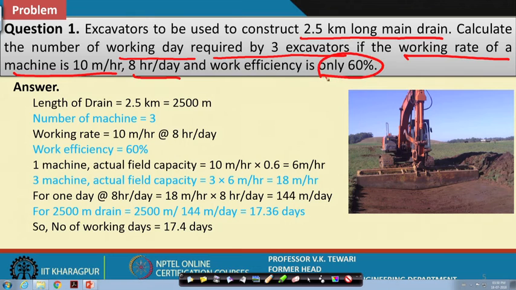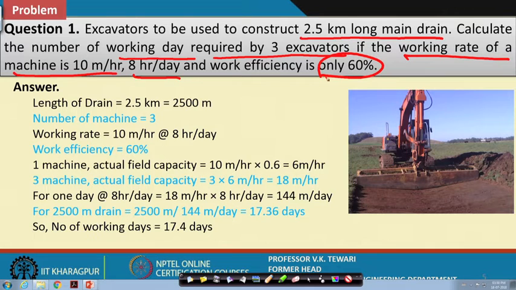And work efficiency 60%. Why have we taken work efficiency of 60%? It is not possible to have 100%, because there are several aspects in the excavation work. You are not aware of what things are there when the excavation takes place, how to reach the location with the bulldozer and the other machines, how to balance them, whether they are in proper shape or not, what sort of locations will be required for shutting down for some time, and all that.